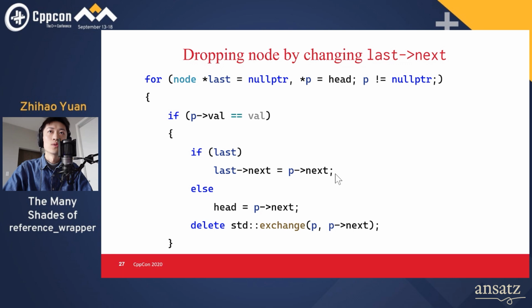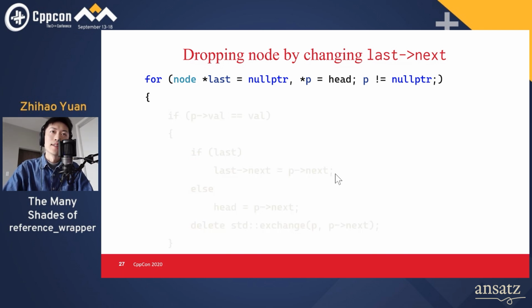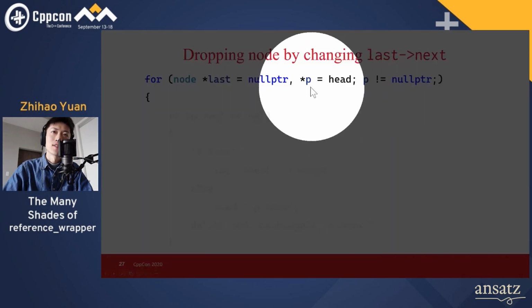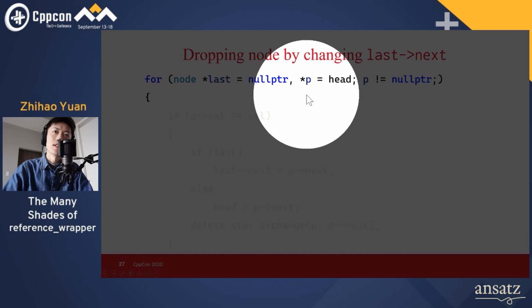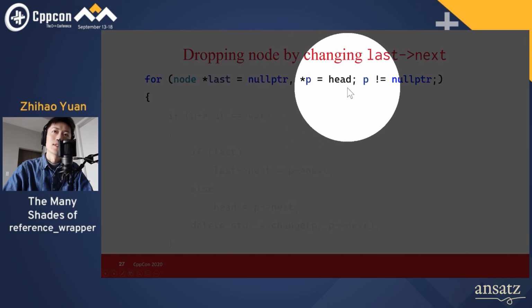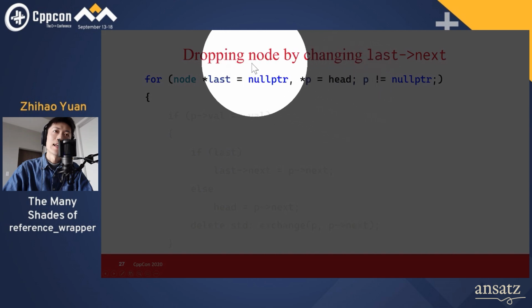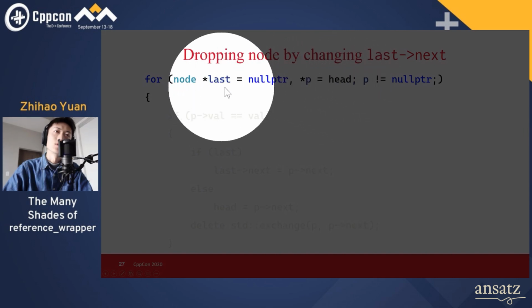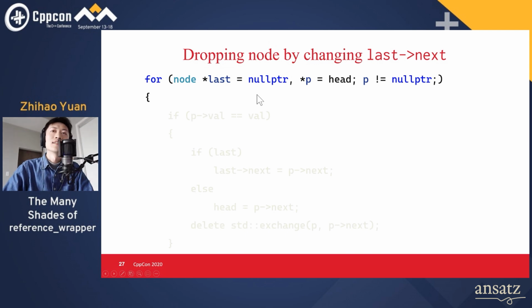We need to drop nodes. We can do so by changing the previous node's next member. So in the loop, we keep our current node starting with letting it point to the head, the first node, and then we always keep the previous node as last. When the current node is head, there's no last node, so last is nullptr in that case.